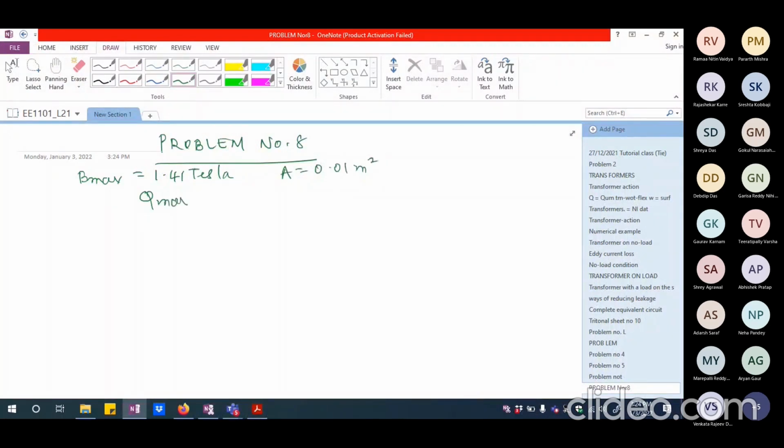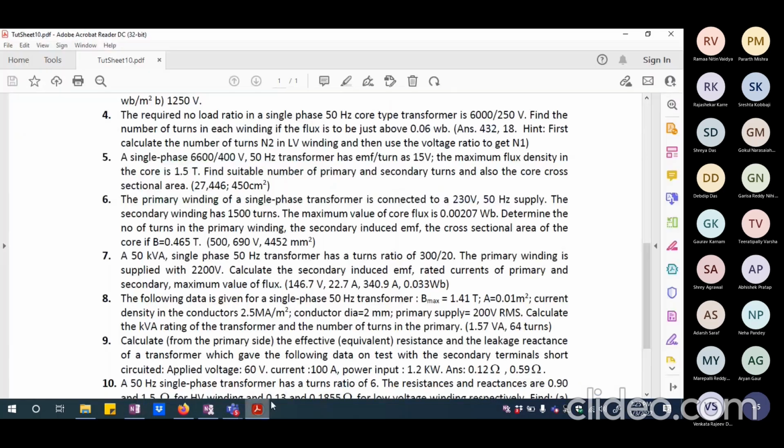So definitely we should be able to calculate what is phi max, which is B max multiplied by A. So that is essentially 0.01 multiplied by 1.41. So I'm going to have 0.0141 Weber. This is the flux.